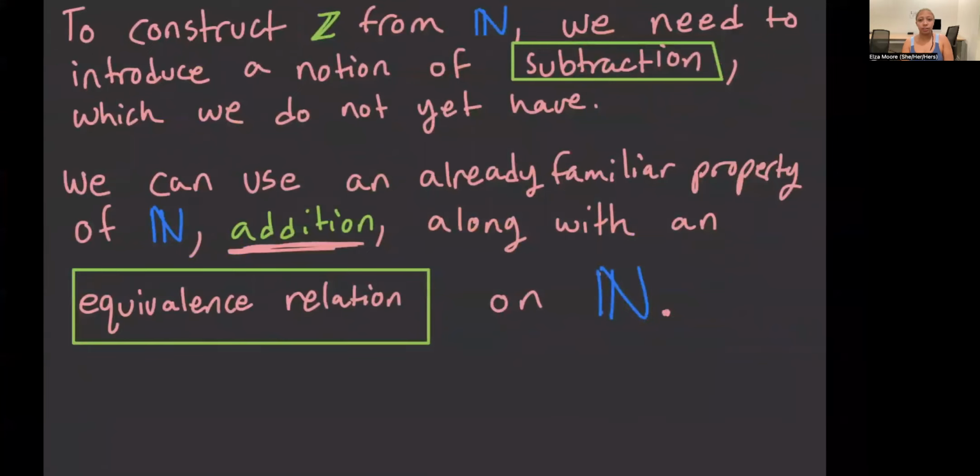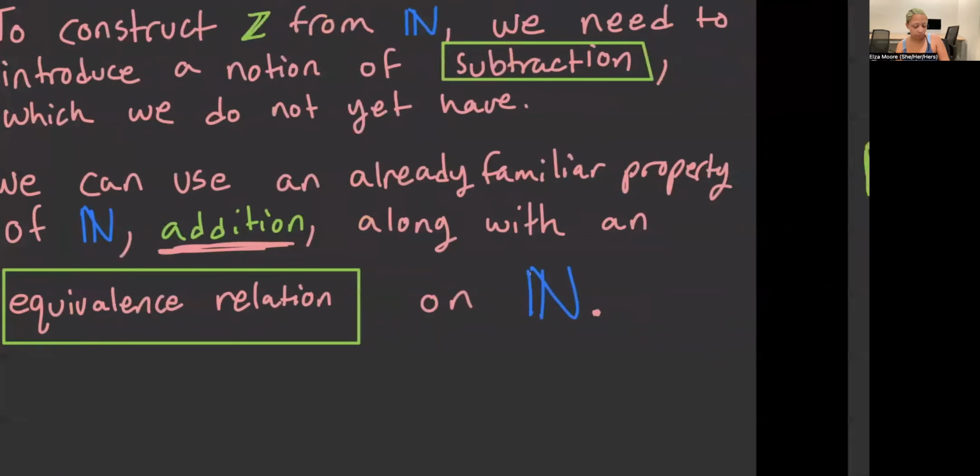We need those notions to construct Z, the integers, from the natural numbers, because we need to introduce this notion of subtraction, as I said before. The way we're going to do that is use a familiar property of N, which is addition, along with an equivalence relation on N to define subtraction using addition.